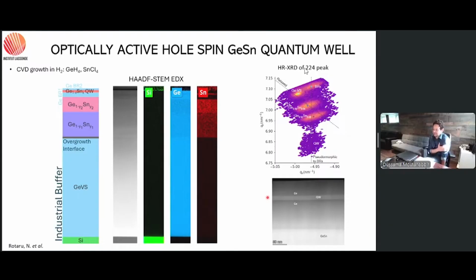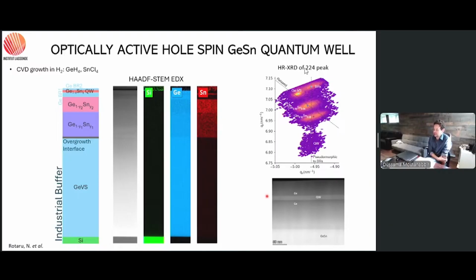Sorry, I don't have any data to show you now, but I can share with you the paper, at least showing the transport. There is a group in Taiwan that a couple of years ago published a paper also on compressively strained germanium tin, not direct band gap. One of their conclusions is that the high strain killed the advantage you might have from a strong Rashba effect expected from tin, a large atom, with a large fraction of tin.